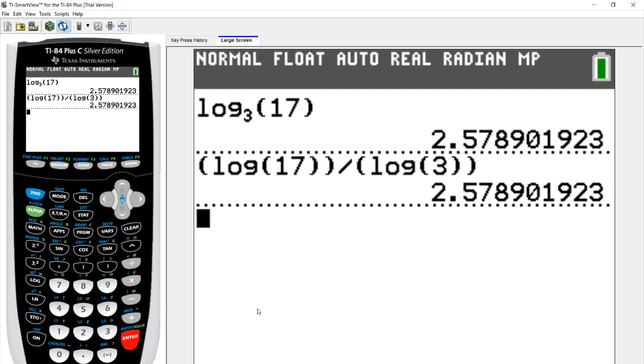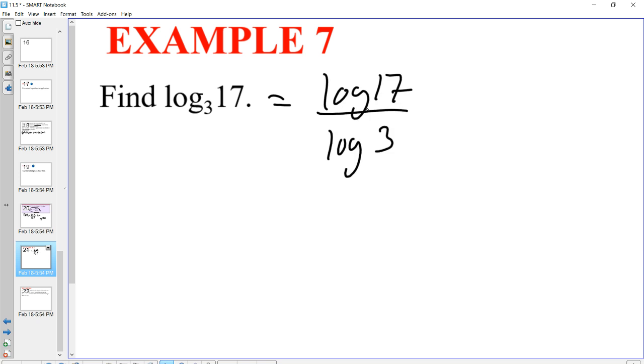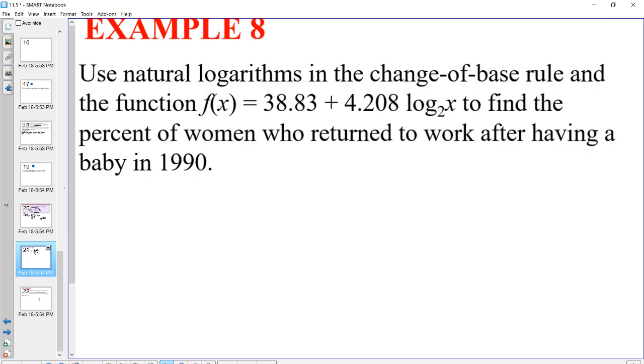So it's a really nice formula to have. It kind of gets you out of some tight spots sometimes, or even allows you to get rid of one of the logarithms if necessary. In this case, one more time, that is simply equal to log of 17 divided by log of 3. They're both base 10. If for whatever reason you wanted a different base, you can do it at that point as well.